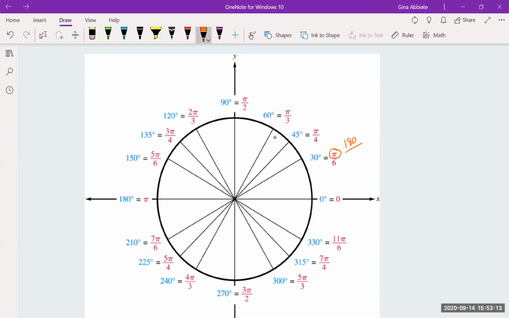Really, you're multiplying by 180 over pi, but what ends up happening is that 180 ends up in the numerator, in the place of pi. And then in the other direction, to go from, let's say, 150 degrees to radians, you'll multiply by pi over 180 degrees.